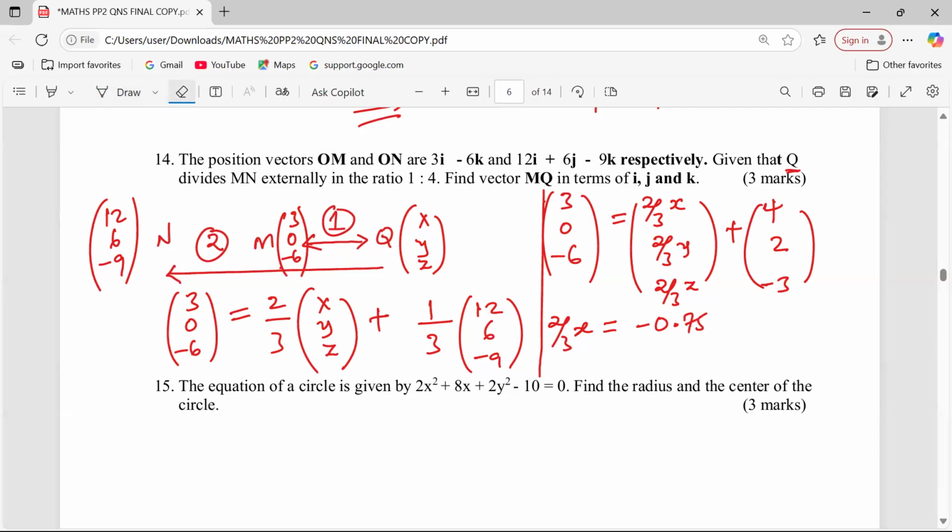I should have done the right thing there. Look at this carefully. When I say I want to remain with 2/3 x, I'm dealing with the x components first.